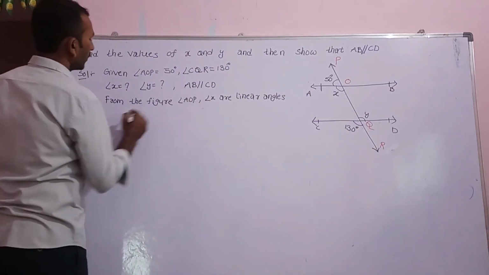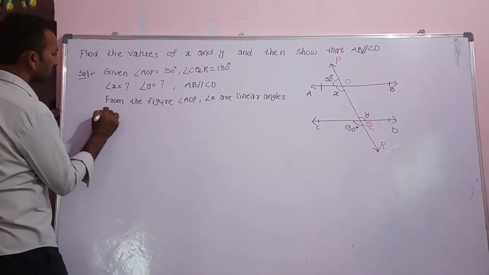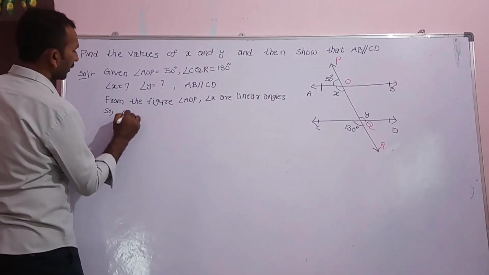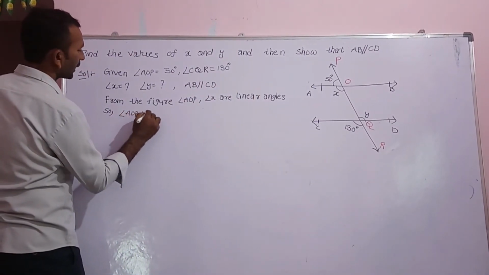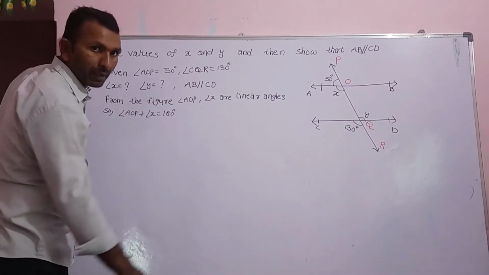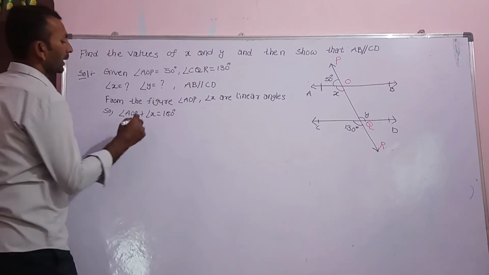From the figure, angle AOP and angle x are linear angles, so the sum of the linear angles is 180 degrees. That means angle AOP plus angle x equals 180 degrees.